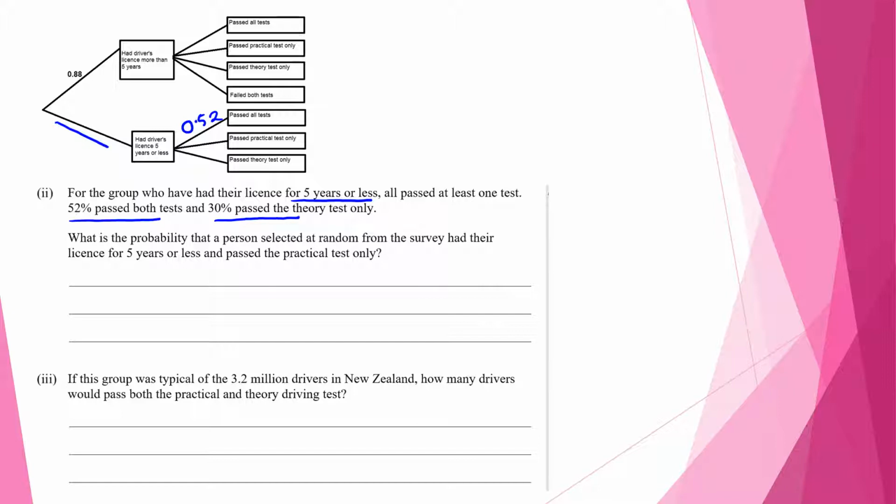And 30% passed the theory test alone, so that's down here. By the way, remember from over here, this is going to be 0.12. As I said before, the total outcomes have to add to 1, so our branch left over is going to be 1 minus 0.82.